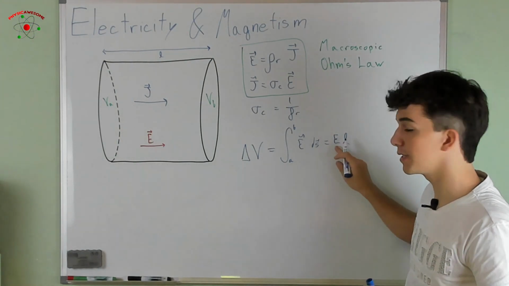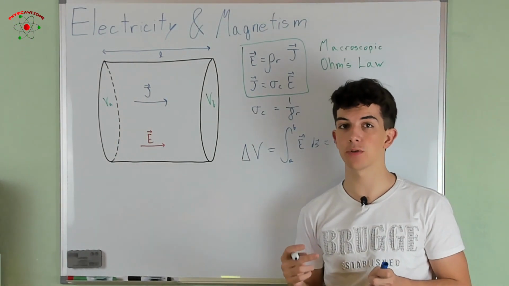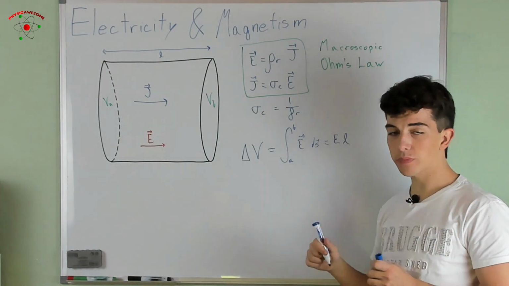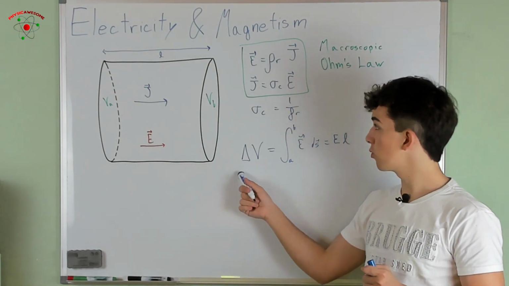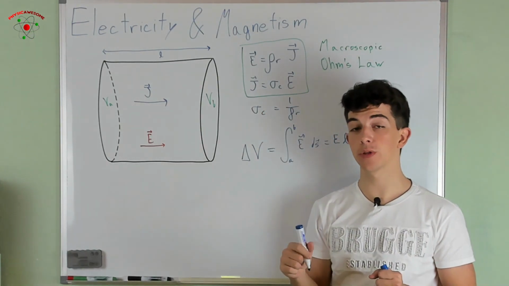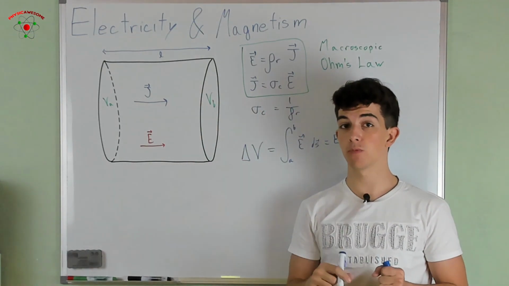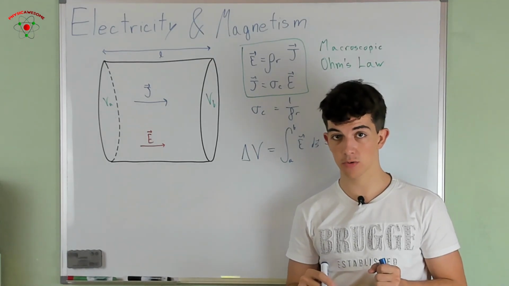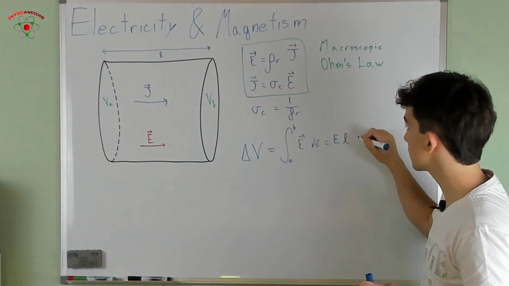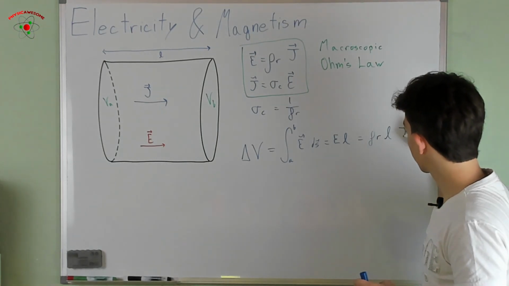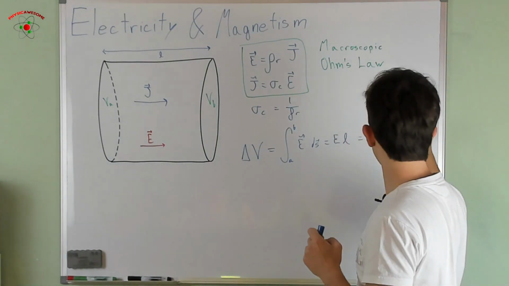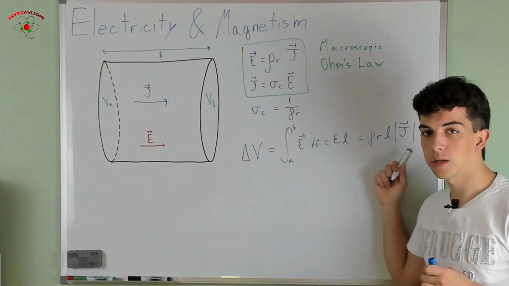With this E being the magnitude of our electric field. Then we know by this equation how this is related to the current density, and we're going to have that this is equal to rho L J, where we use the magnitudes of these vectors.